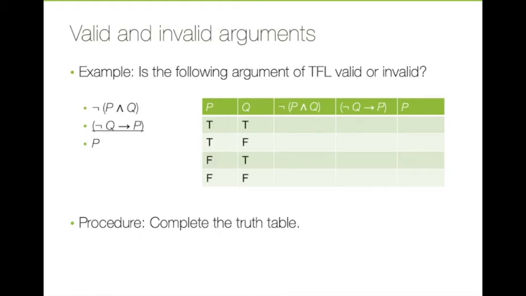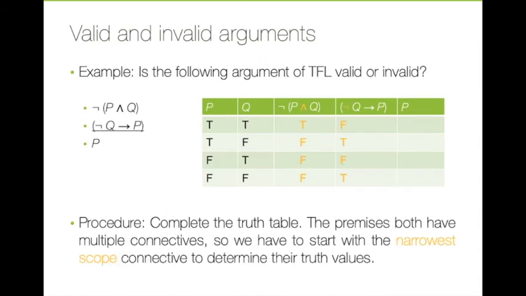The first two columns look just like before, since again, if we look in this argument, there are only two different simple sentence letters that appear throughout the argument, P and Q. So to get the truth value of these premises, we should note that both of them each have multiple connectives.